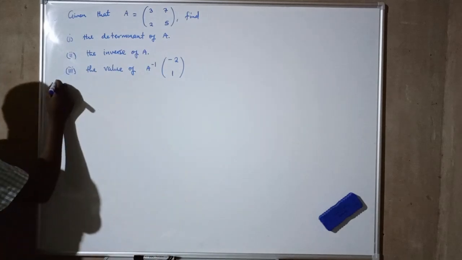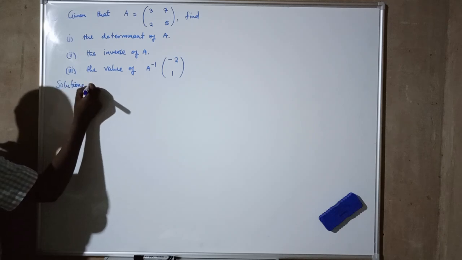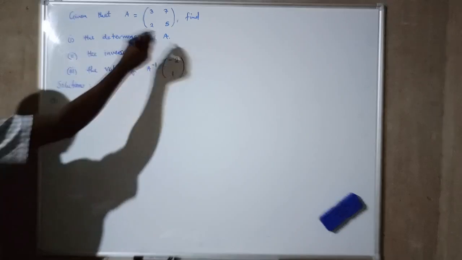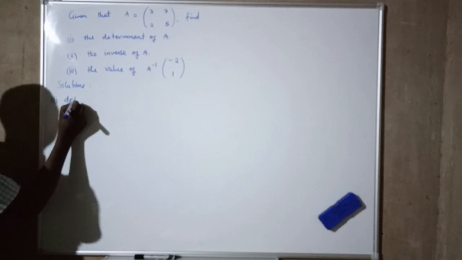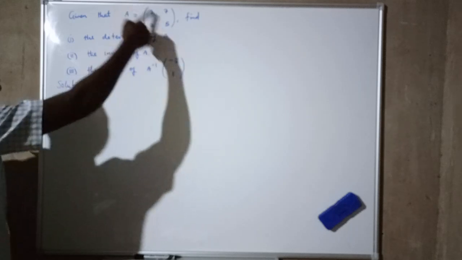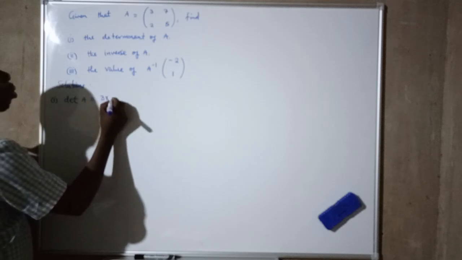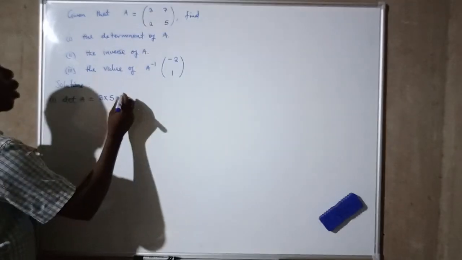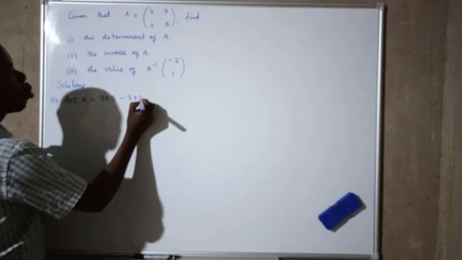So solutions, number 1, they are saying find the determinant of A. Determinant of A, we say it should be the product of the elements in the major diagonal, which will be 3 times 5, minus the product of the elements in the minor diagonal, so we have 7 times 2.